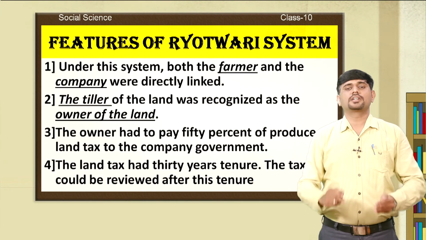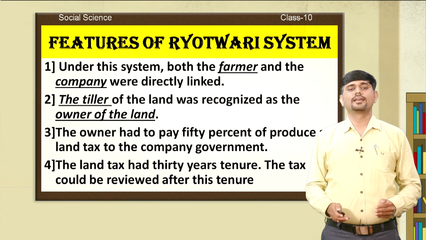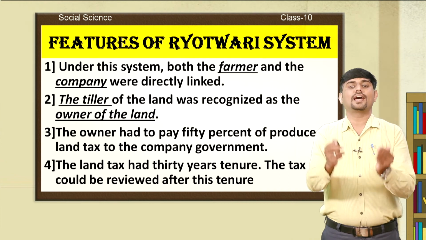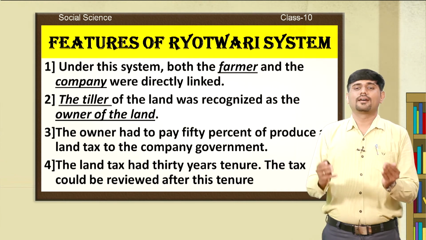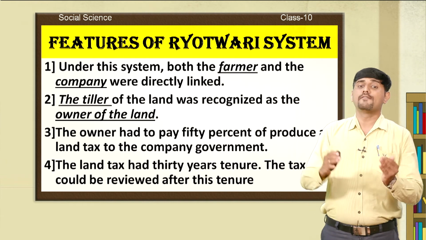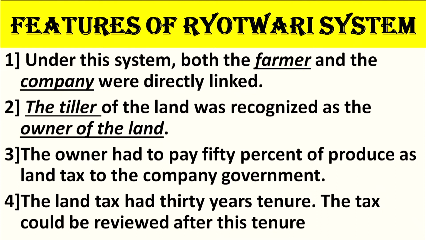According to the terms and conditions of the Ryotwari system, the tiller of the land was recognized as the owner of the land. The third condition: the owner had to pay 50% of the produce as land tax to the Company, and the remaining 50% could be retained by him. The land tax had a 30-year tenure.